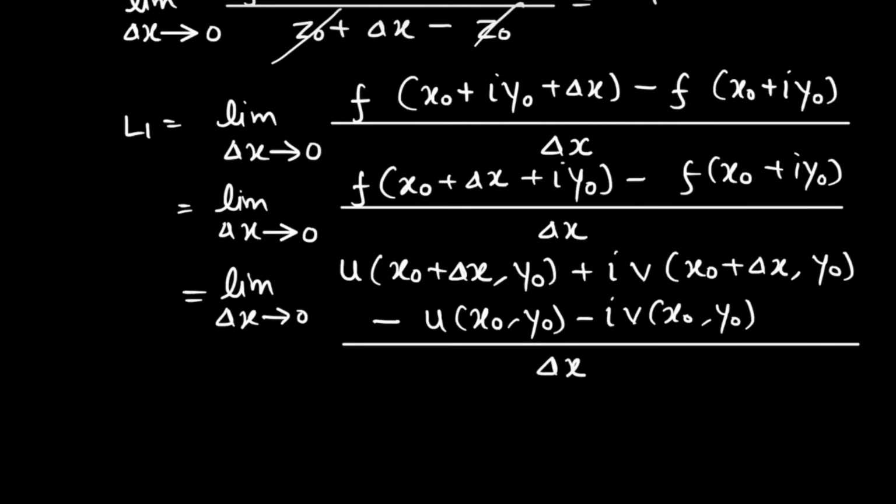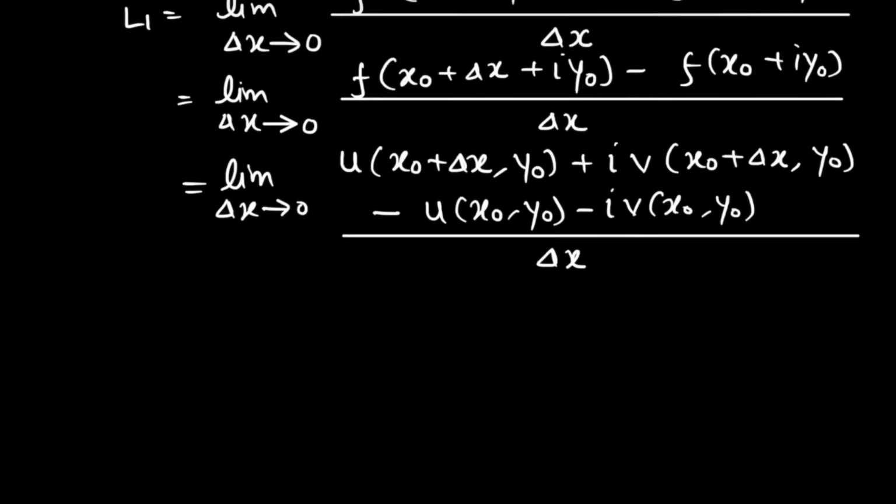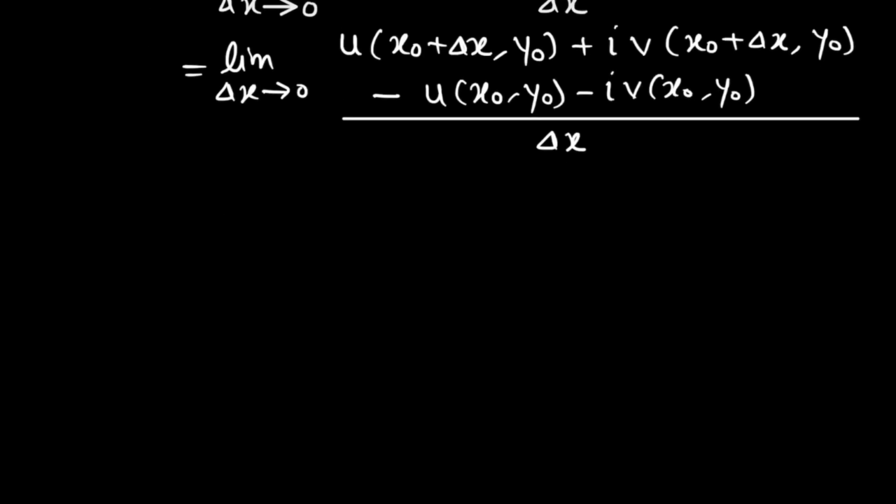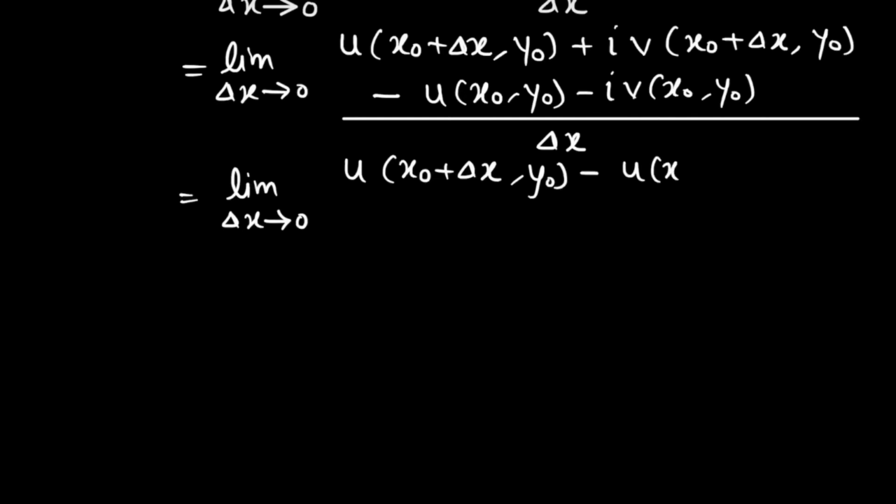Okay, now separating u and v, we have limit delta x tending towards 0 of u of x naught plus delta x comma y naught minus u of x naught comma y naught over delta x.